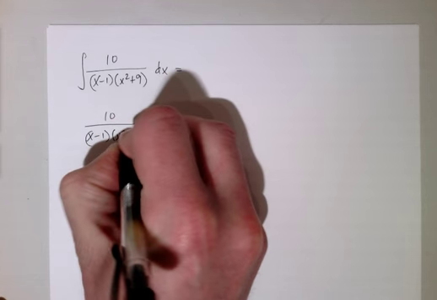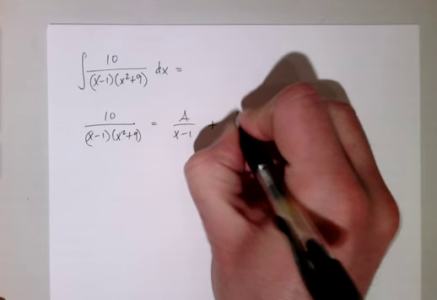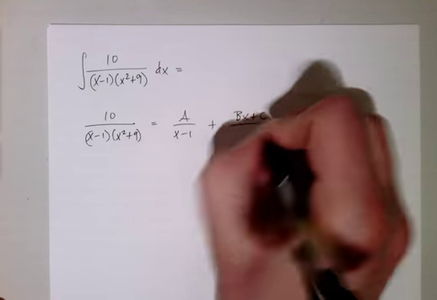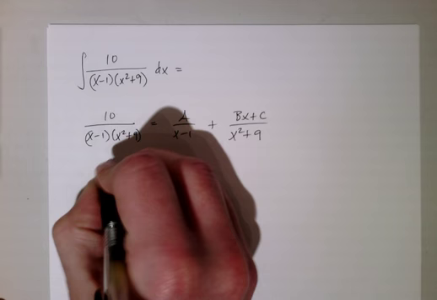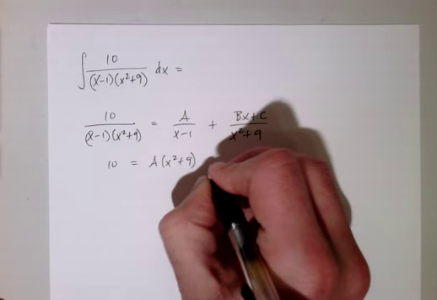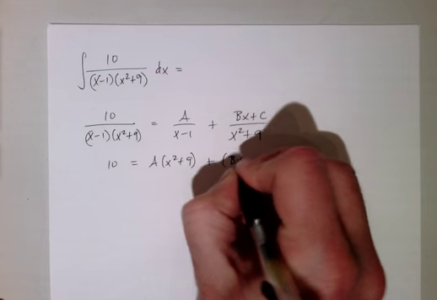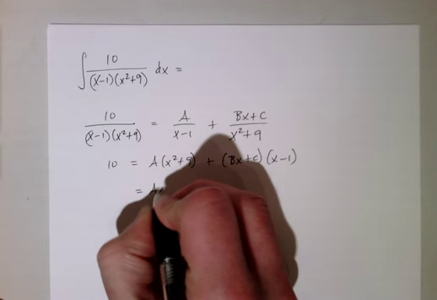And I have a over x minus 1 plus bx plus c over x squared plus 9, multiply through by the common denominator. And then multiply it out.